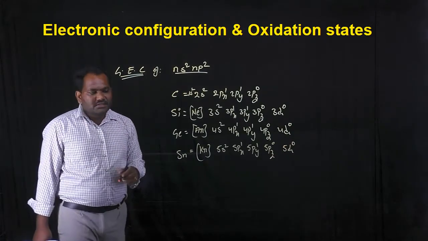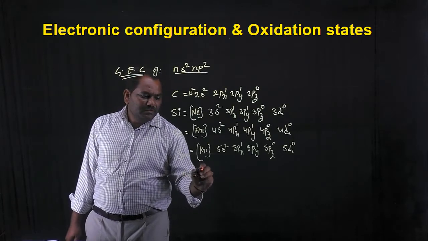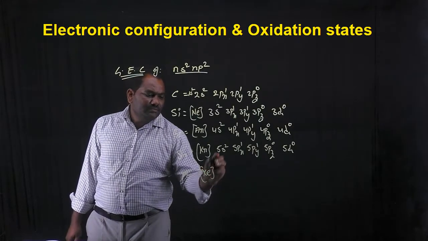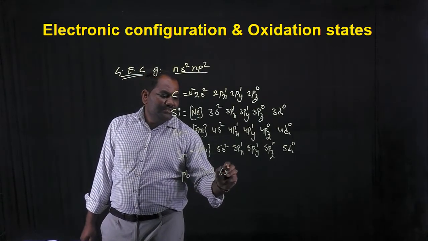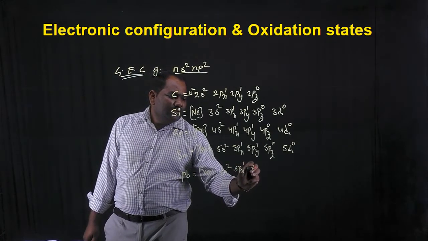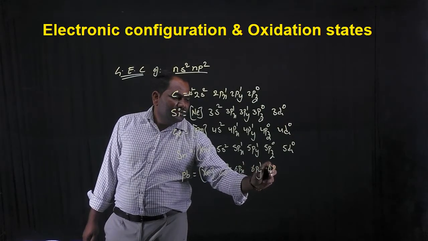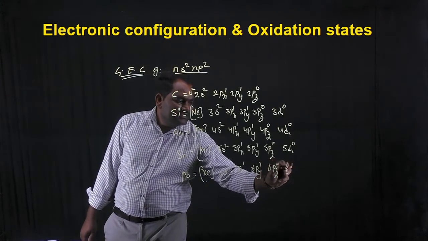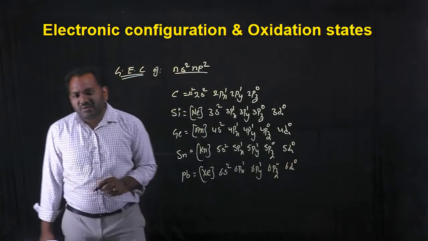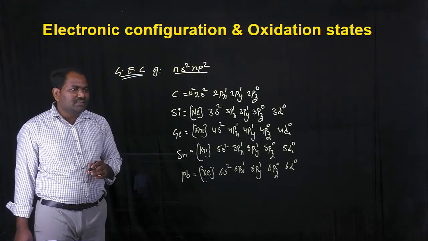Similarly in case of lead, Pb: xenon 6s2, 6px1, 6py1, 6pz0, 6d0. This is the electronic configuration of 14th group elements.